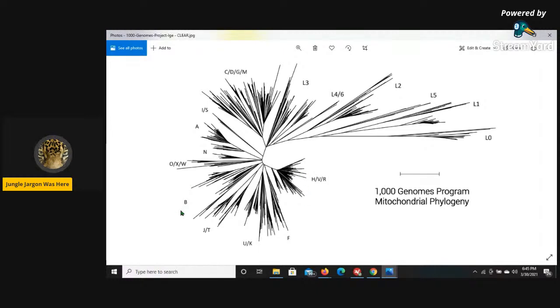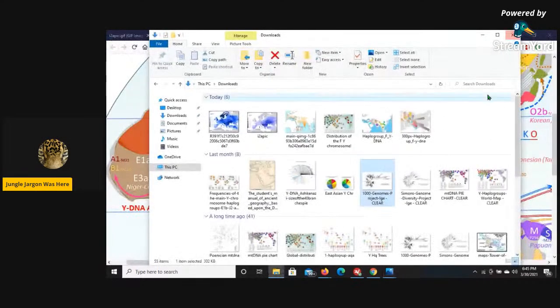So these terms are all confusing, but it makes sense eventually. Okay. I think I've shown this chart for you.